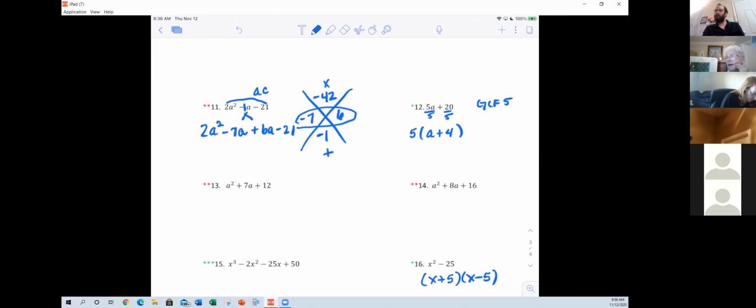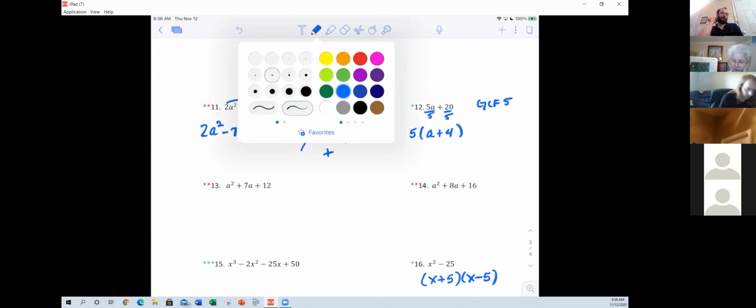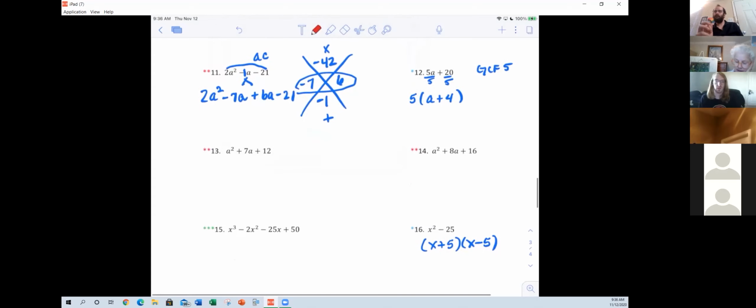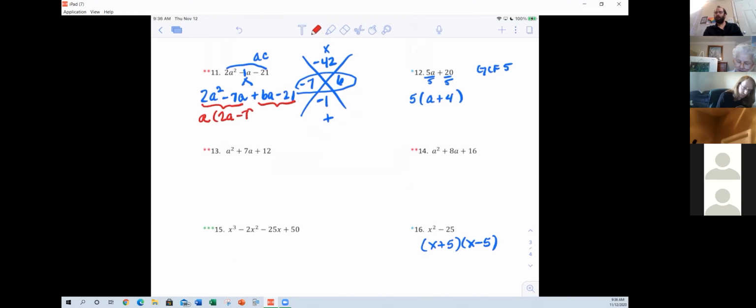All right, so I'm going to group these two guys and these two guys, and here I can factor out an a, and I'm left with 2a minus 7. And here I can factor out a 3, and I'm left with 2a minus 7.